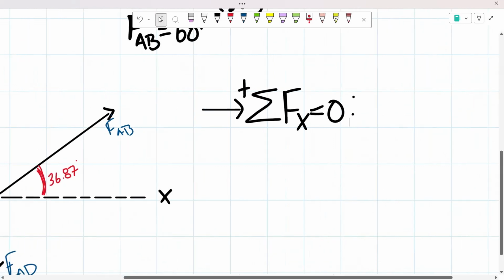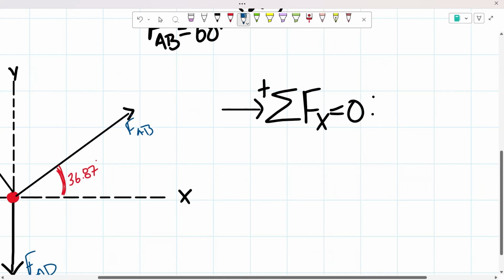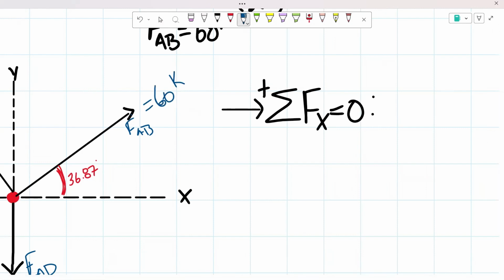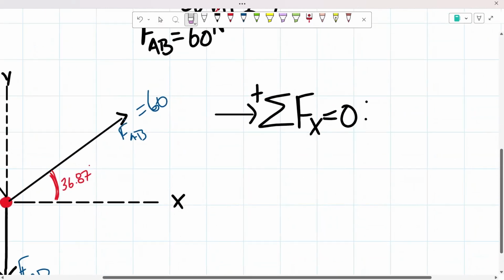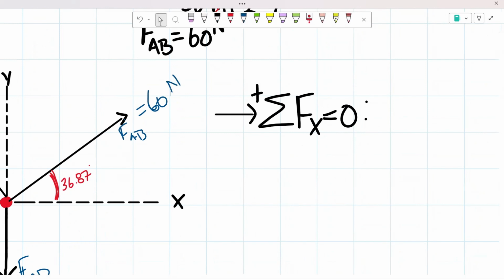So we're going to start off with force AB, which we know equals 60 newtons, since we solved for that earlier on.